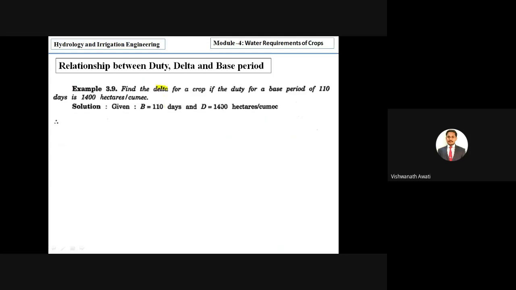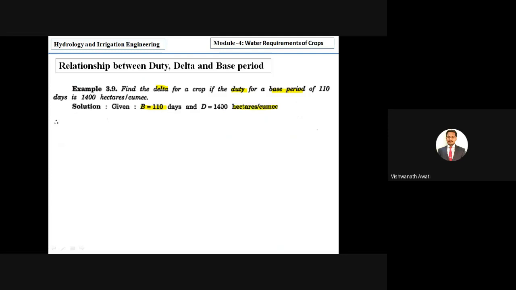So delta we have to calculate. Here they have mentioned the duty as well as the base period: B equals 110 days, and the duty is 1400 hectares per cumec. So there is no need to convert units.